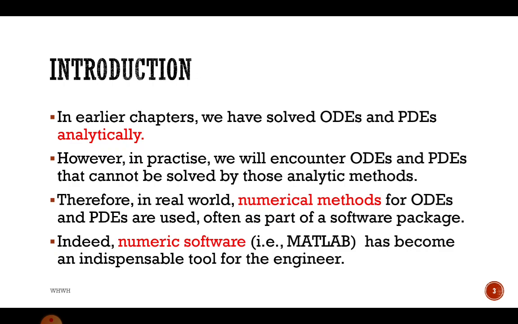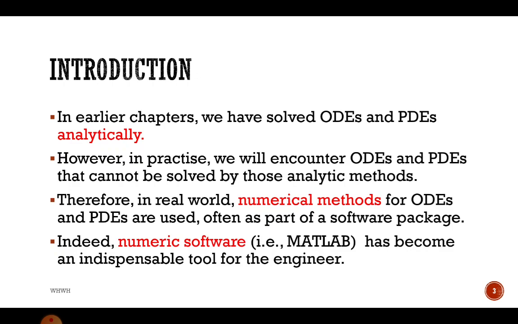Remember how many methods we have? They start from chapter 2. We have the separable method, the exact equation method, and the linear equation method for first order. Then we have the particular solution, complementary solution, and method of undetermined coefficients for second order ODEs, and then the Laplace transform, which we use to solve ODEs. Then chapter 4, Fourier series and analysis.